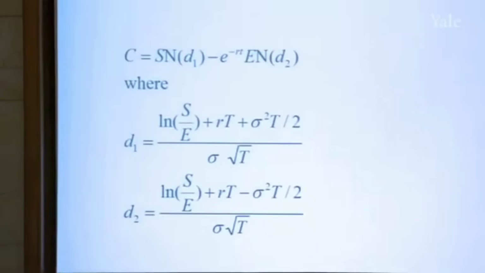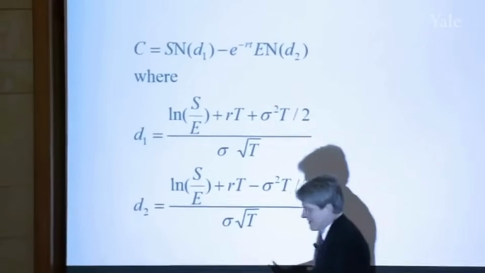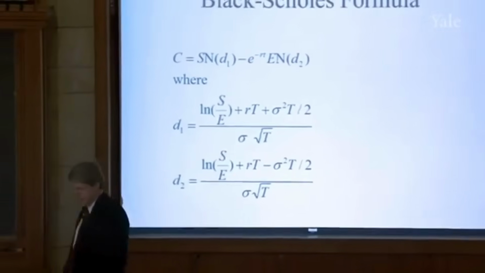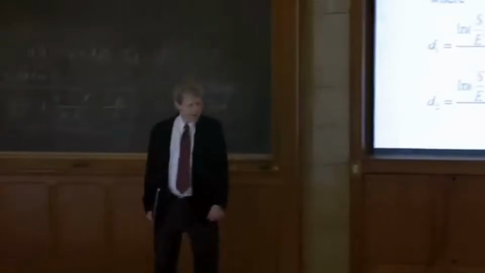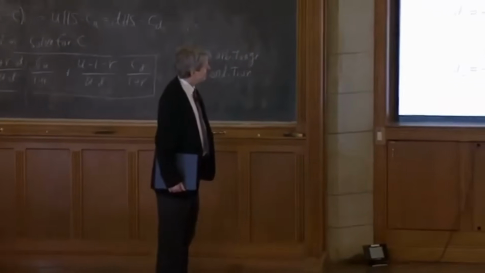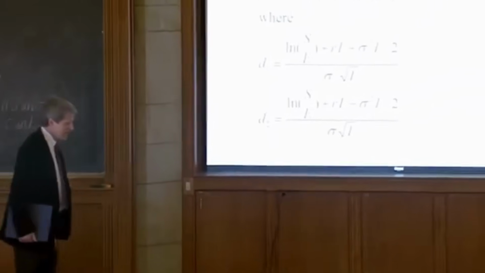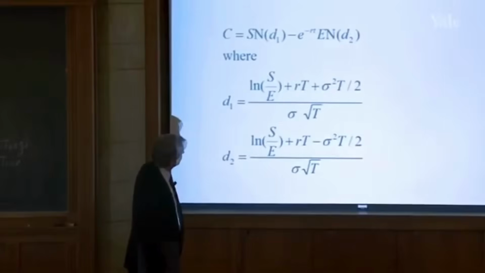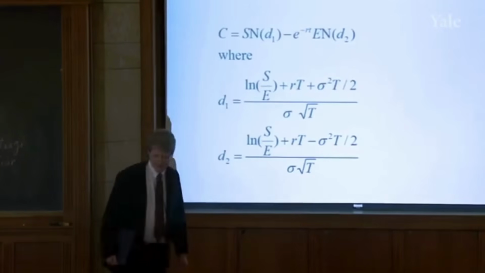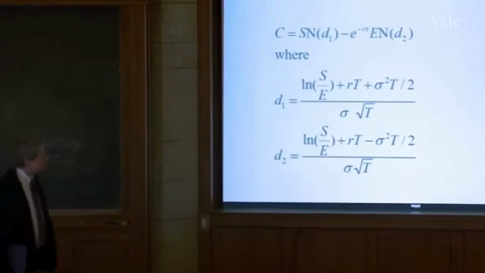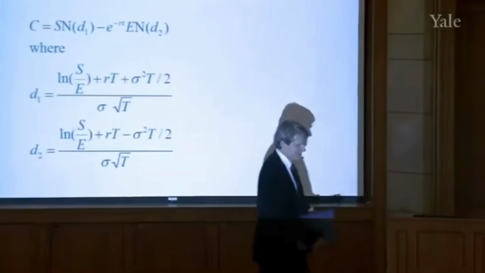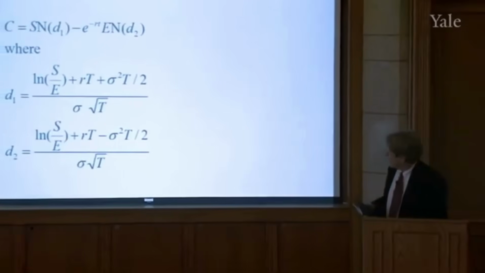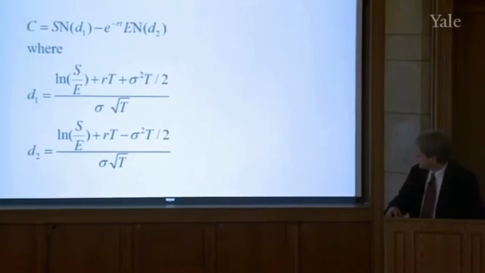This was derived in the early 70s by Fisher Black, who was at MIT at the time, I think, but later went to Goldman Sachs, and Myron Scholes, who is now in San Francisco doing very well. I see him at our Chicago Mercantile Exchange meetings. Fisher Black passed away.